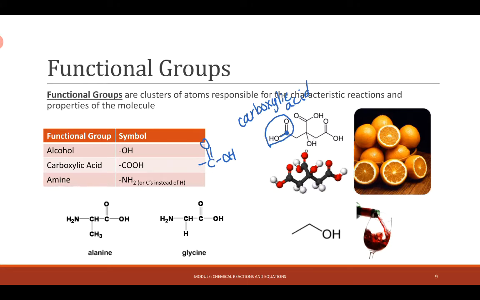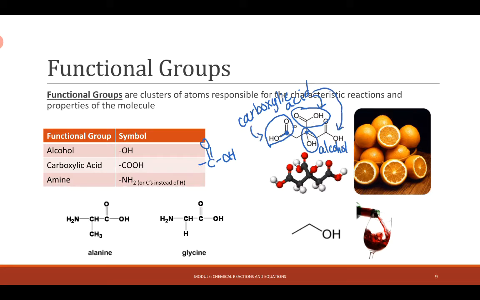In contrast, this OH group is bonded to a carbon, but this double bonded O is on a different carbon. And so this is an alcohol because there's no double bonded O attached to that same carbon. This is a carboxylic acid.